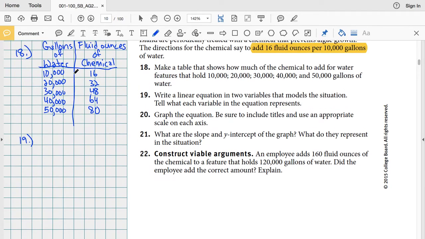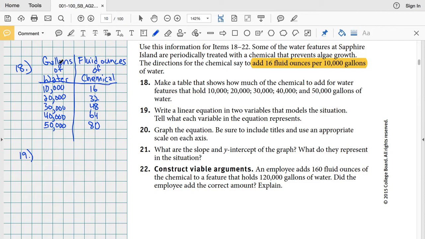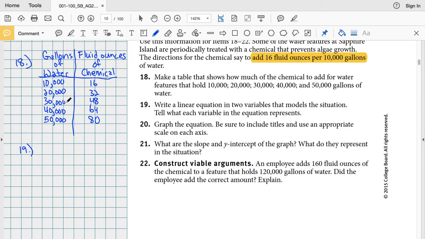One of the options could have been I could have said, well, gallons of water, and I'm talking in 10,000s, right? And I would just put 1, 2, 3, 4, 5, assuming if we're talking in 10,000s, 1 would be 10,000, 2 would be 20,000, so on and so forth.